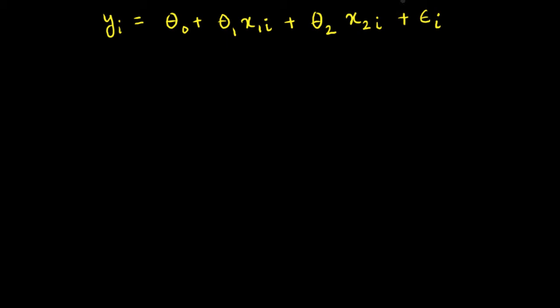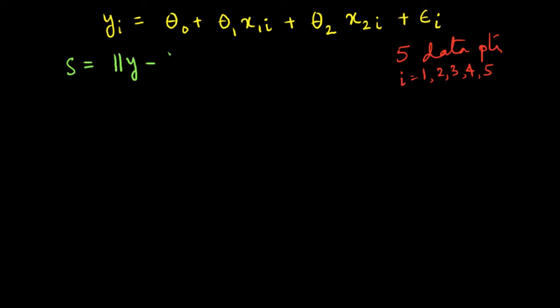And let's say you have a total of 5 data points, which means that i is equal to 1, 2, 3, 4 and 5. In general, this number is very large, but just for the sake of visualization, we are using just 5 data points. So this S that we wrote, which is our least squares error loss function, was y minus capital X times theta whole square.